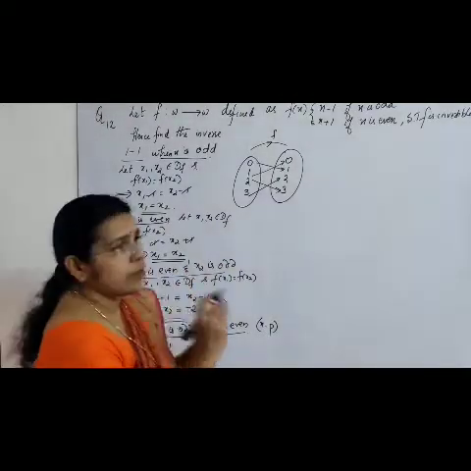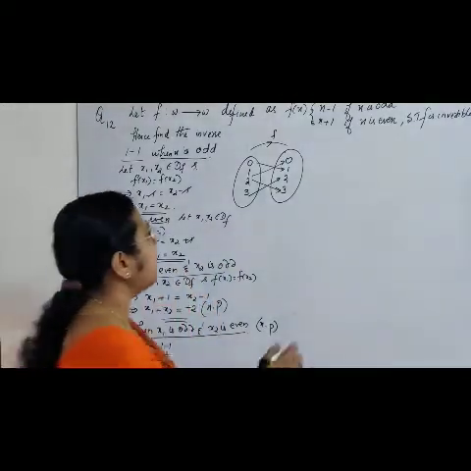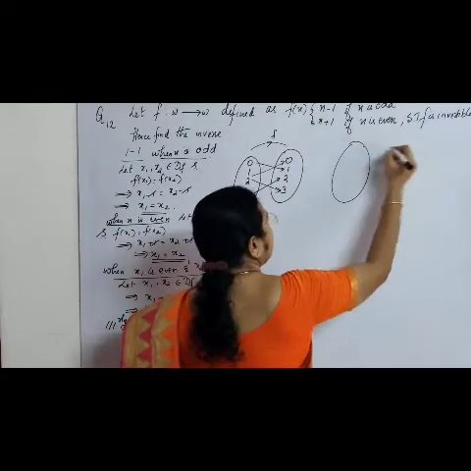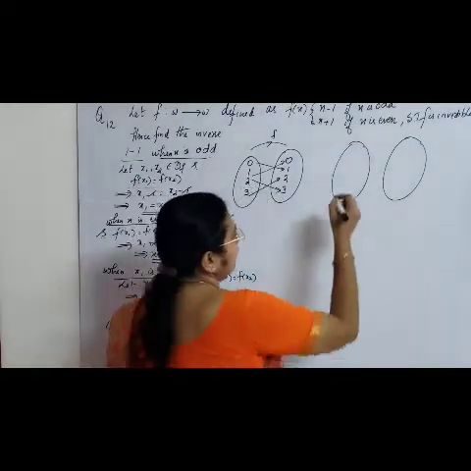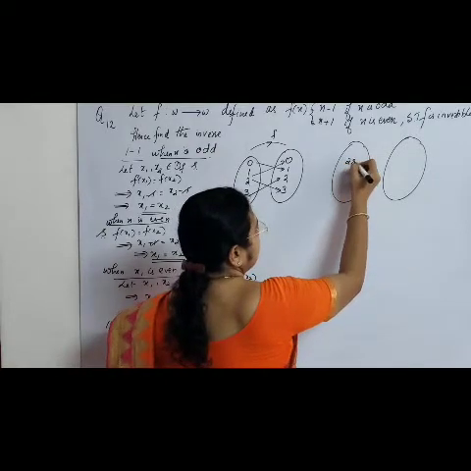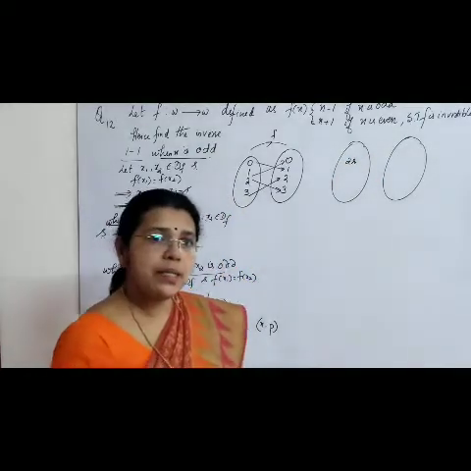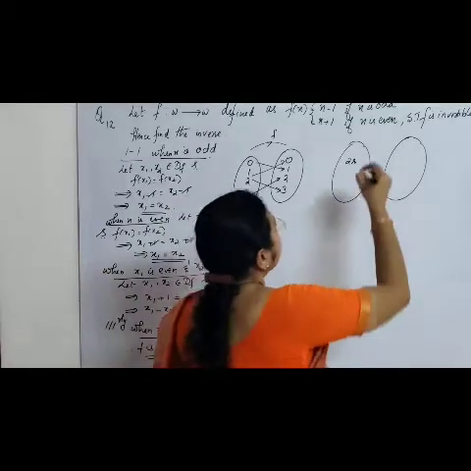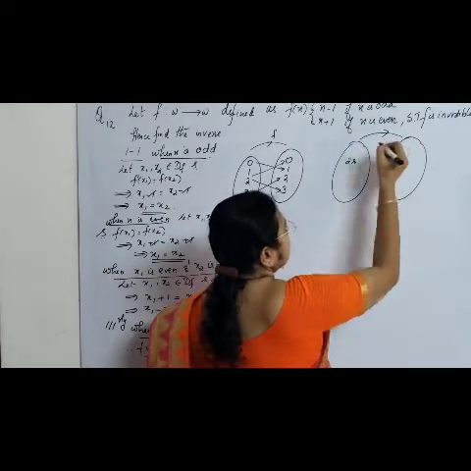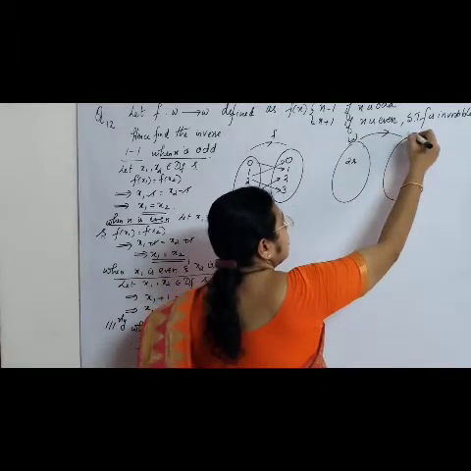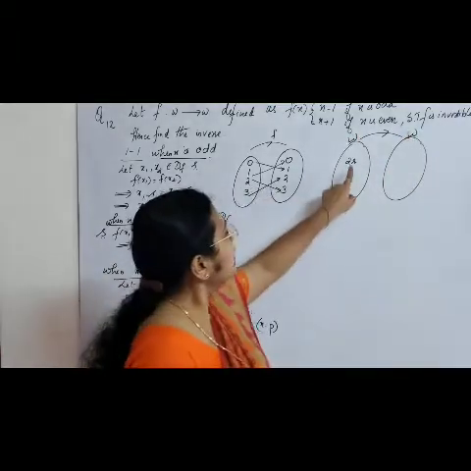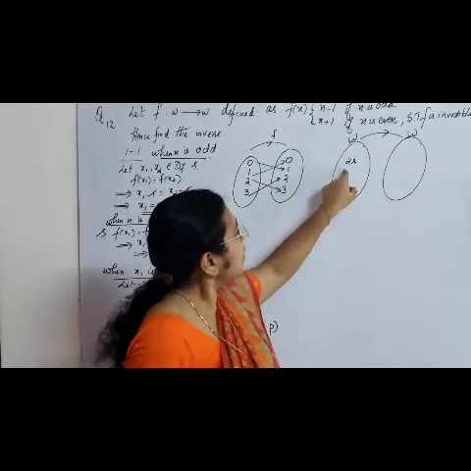But in order to write it in a proper manner, I consider another arrow diagram. Now, I take a value 2r. What is 2r? 2r is an even number in this set, and the set is W. Here also it is W. So 2r is an even number. Where is 2r mapped to?